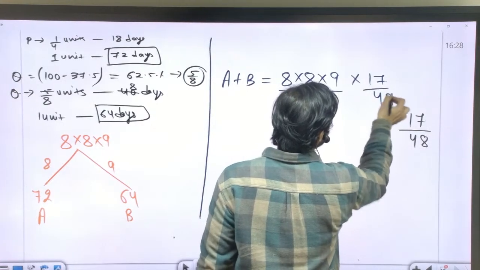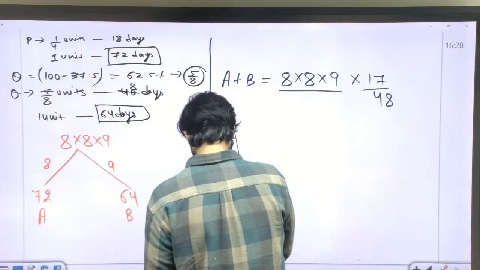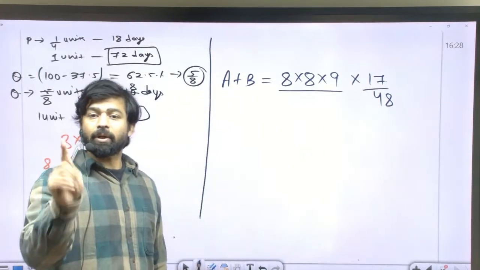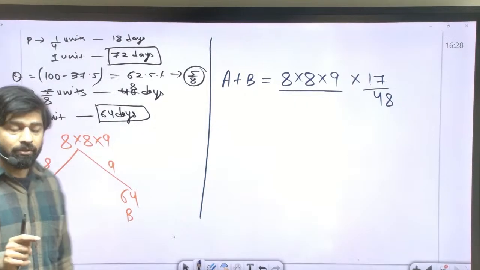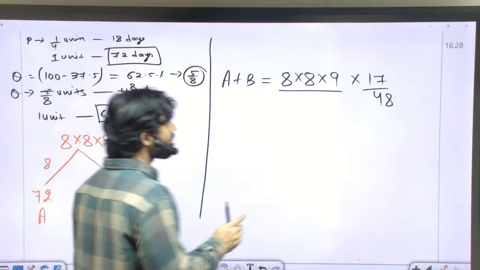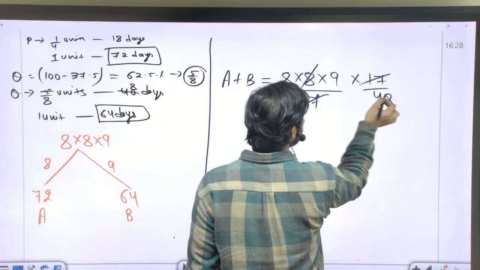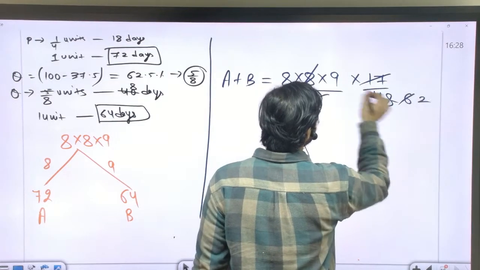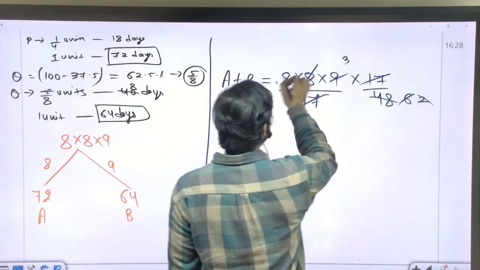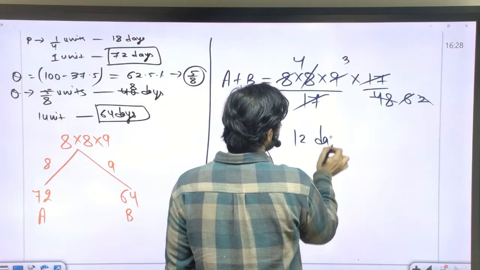Understood or not? And it is done by whom? A and B together. So the efficiency, we have to add it. 8 plus 9, 17. So divided by 17. 17, 17 cancelled. 8 into 6, 3 into 2, 3 into 3, 2 into 4, 4 into 3. So the answer is 12 days.